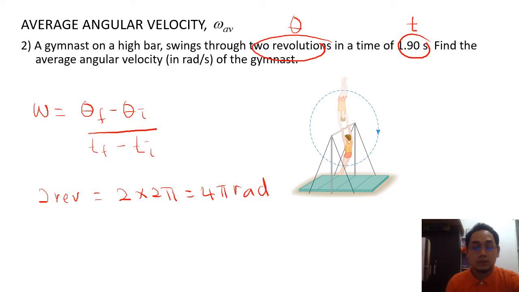And then we can just substitute the value of theta and the value of time. So we're going to get omega is equal to 4 pi over 1.9. So the answer will be 6.63 radian per second.